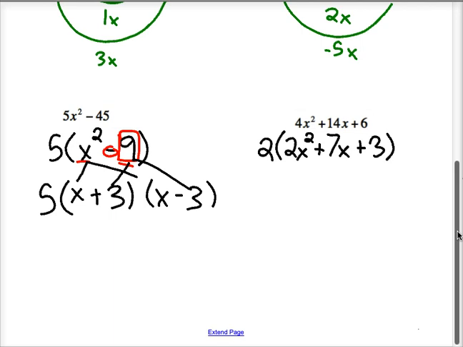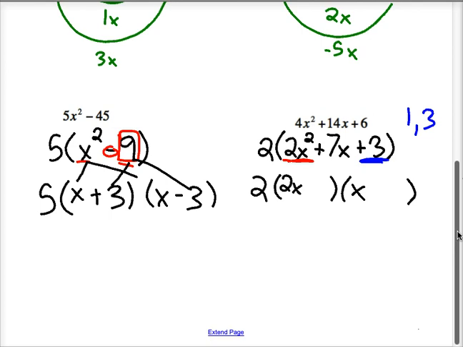All right, and now let's continue to break this down. Now I'm going to break it down into my two parentheses. Well, 2x squared. So remember, this is the case. Now that's not just x and x. To get a 2x squared, I'm going to need a 2x and an x. To get 3, luckily there's only one combination that works, a 1 and a 3.